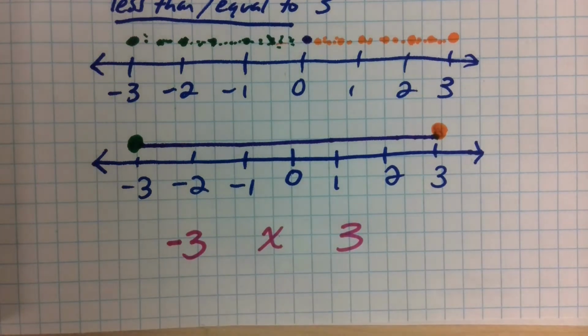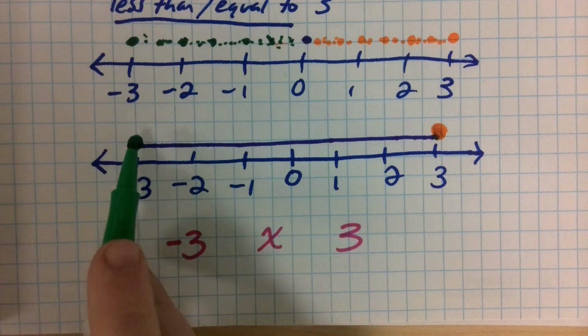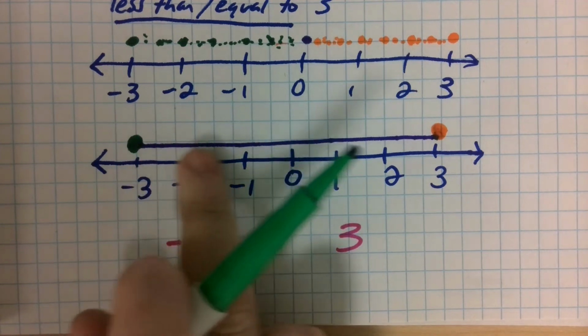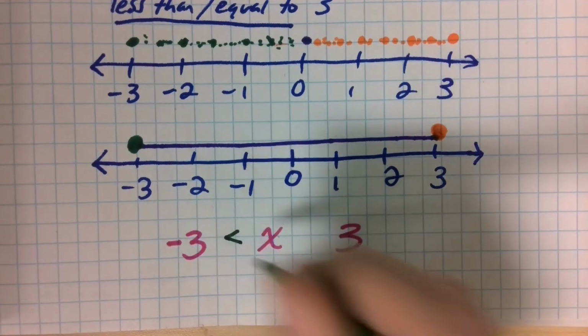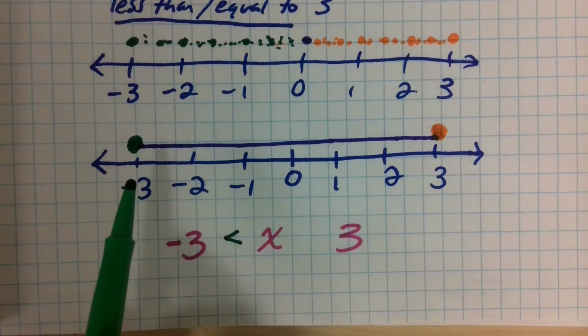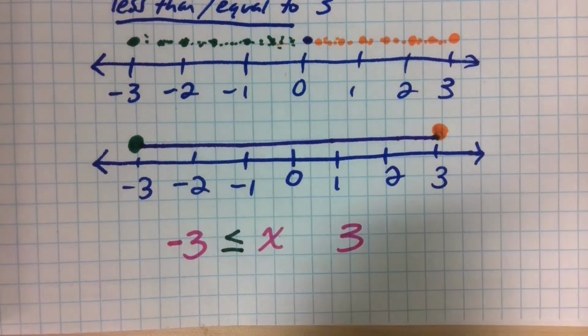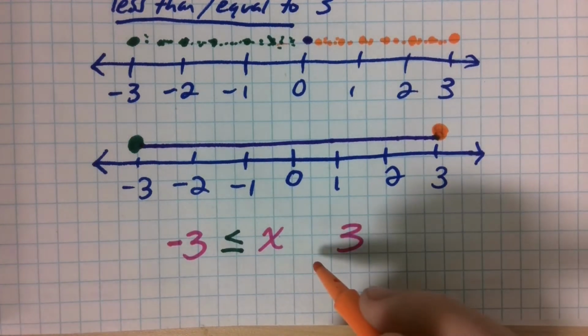Now all we need to do is put in the correct symbols. If we look at -3 over here, and we ask where's x in relation to that, well, our line x is bigger than -3. So we would face our crocodile this way. Could it equal -3? Yeah, x could equal -3. It's a closed circle. What about x and 3, which is bigger?